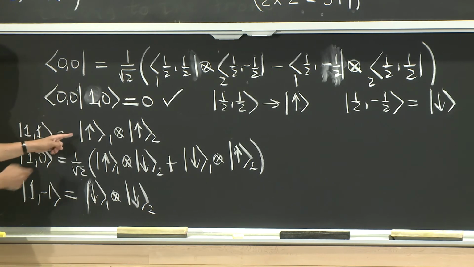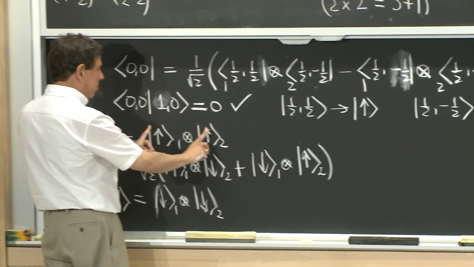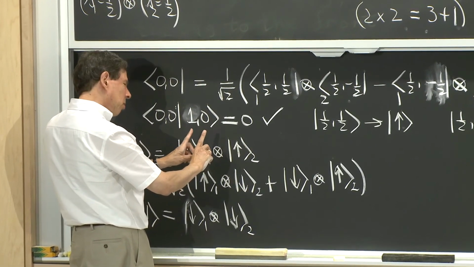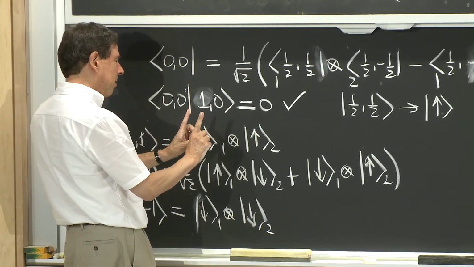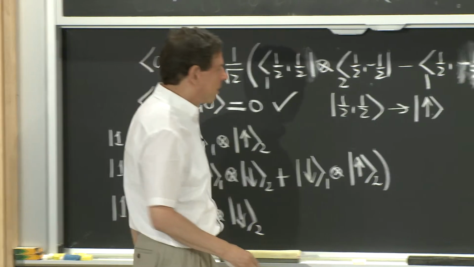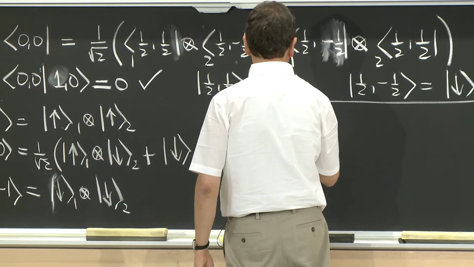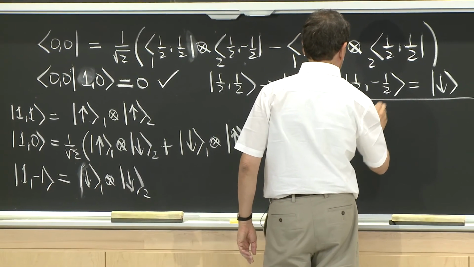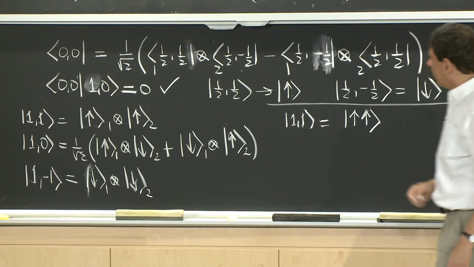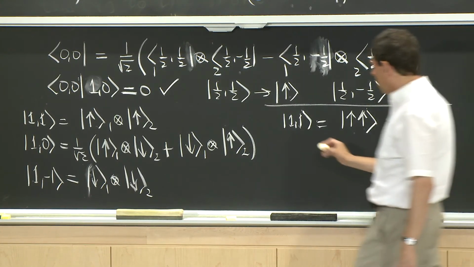Whenever you have an arrow up and an arrow up, we'll just put two arrows. You'll know the first arrow represents the first particle and the second arrow the second one. So we'll write the 1, 1 state as arrow up, arrow up.